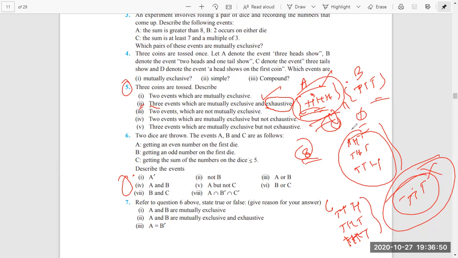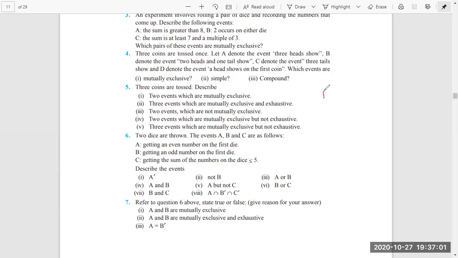So what I would do is, suppose event A is getting all tails, event B is getting all heads. Event C is not getting all the heads or all the tails, then you will get six outcomes, and this is seven and this is eight.